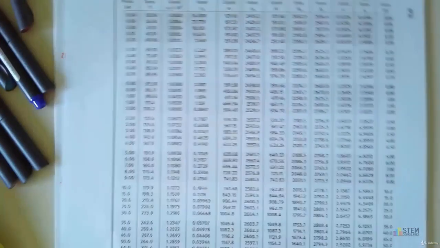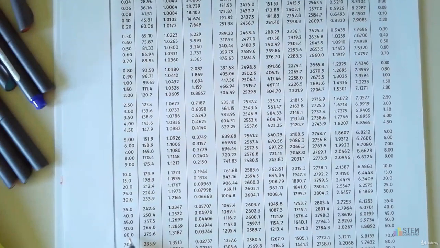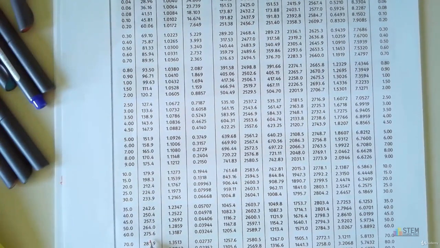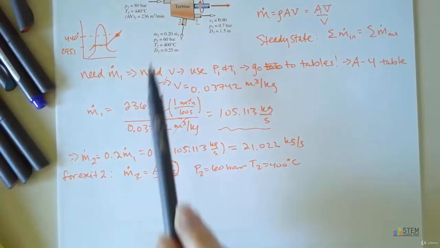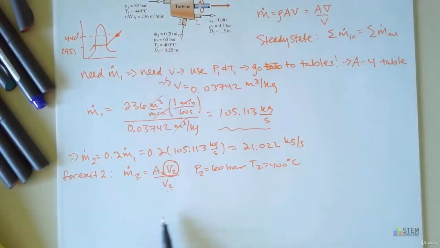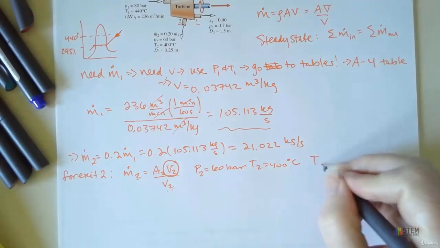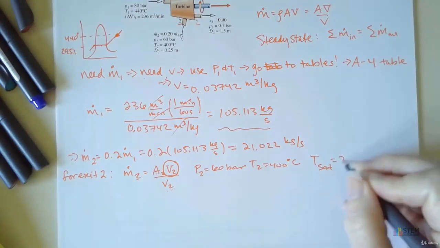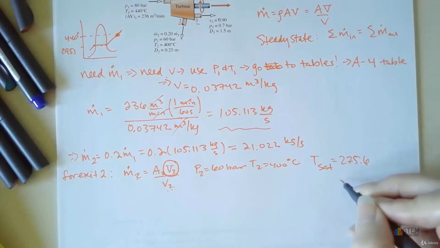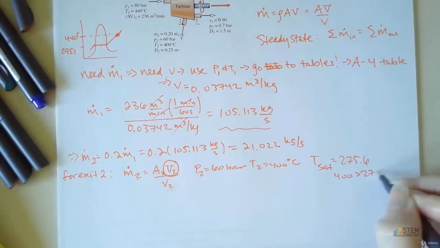So we're at 60, right here down at the bottom, and we've got 275.6, which is our saturation temperature. Now we compare our temperature to that 275.6. We are at 400, which is greater than this, therefore we're at superheated vapor.